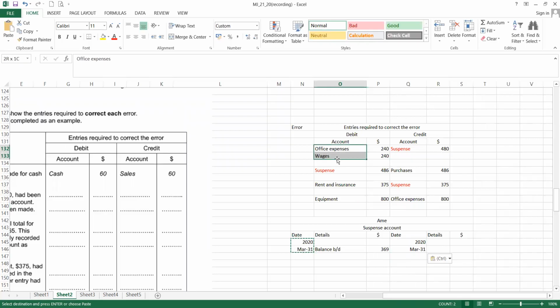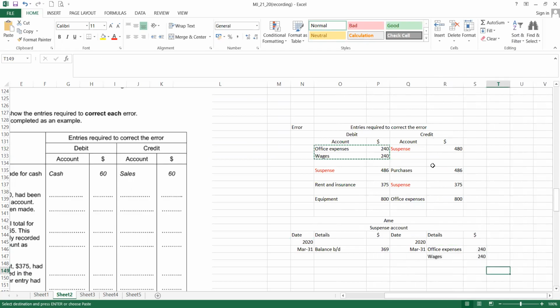These two amounts will be in the credit because of the double entry concept. So here we put into the credit, but in the detail we write the opposite account. Same thing here, suspense is in the debit, so we record it in the debit here, and for the detail we take the opposite account, 486.